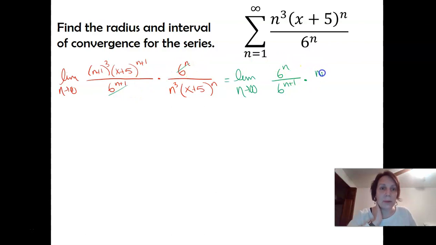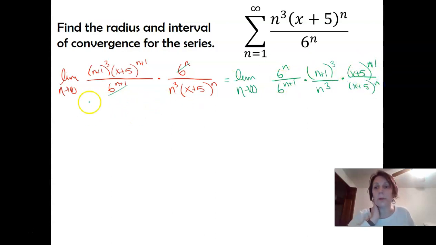I have an n plus 1 to the 3rd and an n to the 3rd that I know go together, and I have an x plus 5 to the n plus 1 and an x plus 5 to the n.